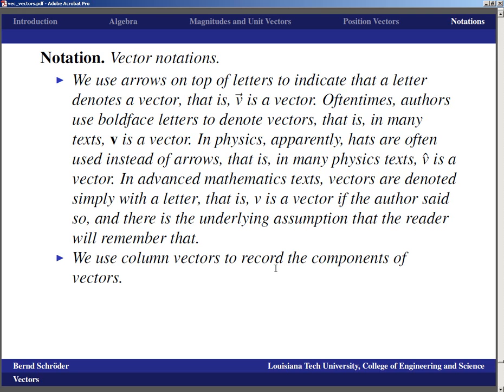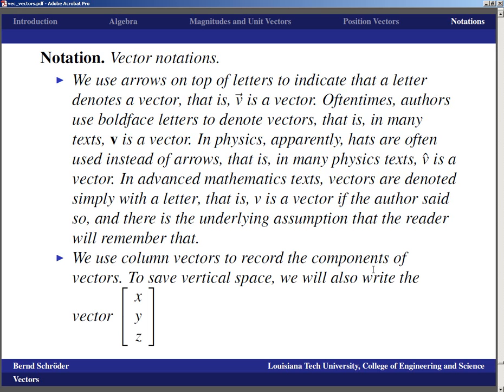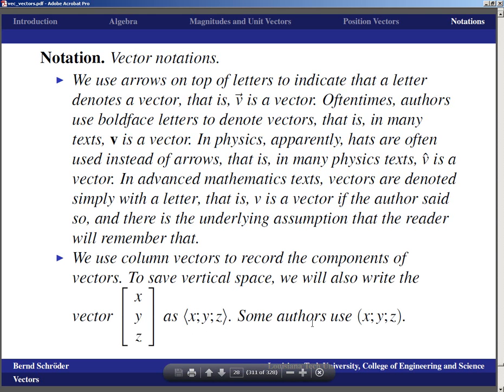We use column vectors to record the components of vectors. To save vertical space, we'll sometimes write the vector xyz as bracket xyz. Some authors also use just parentheses xyz, and then semicolons rather than commas are supposed to distinguish the vector from the point, which is getting a little bit too detailed for me.